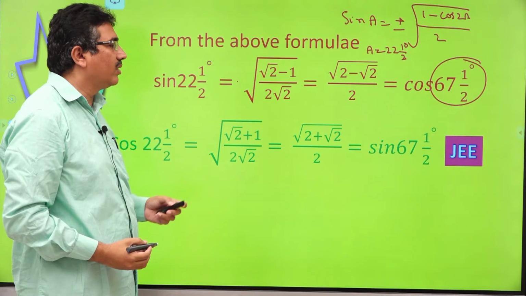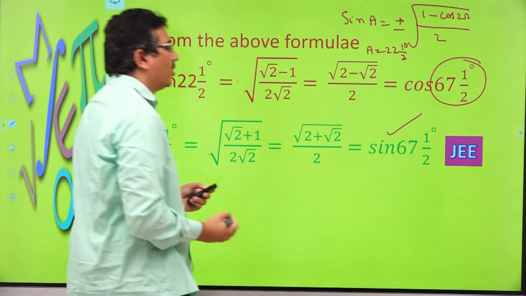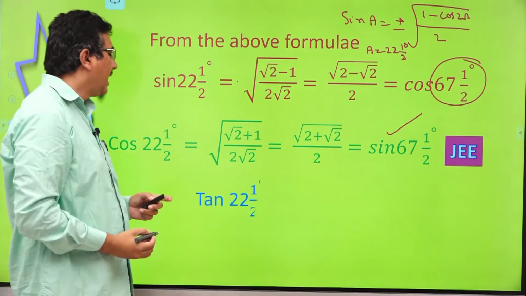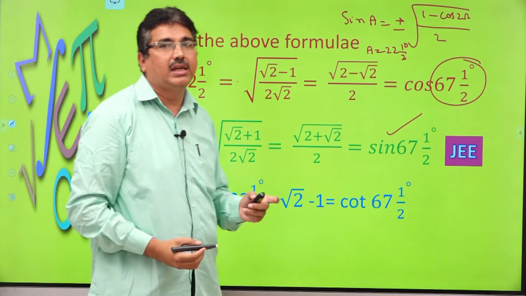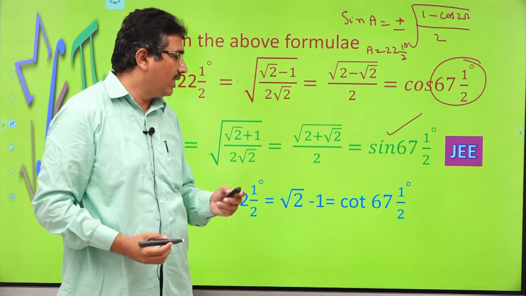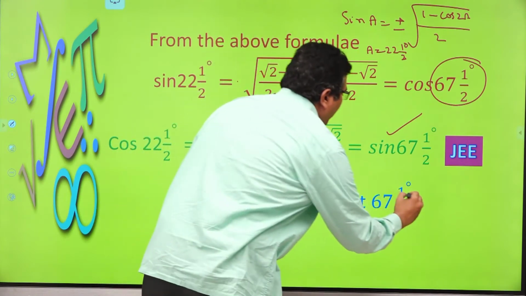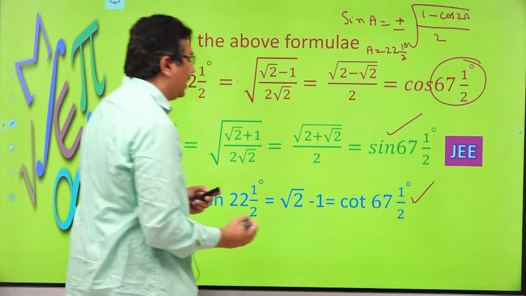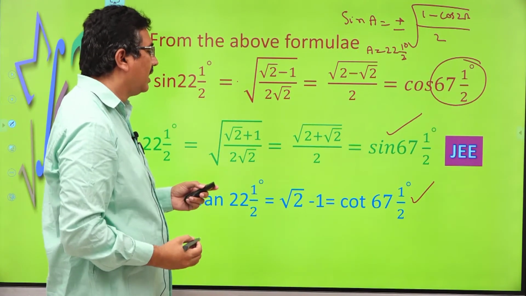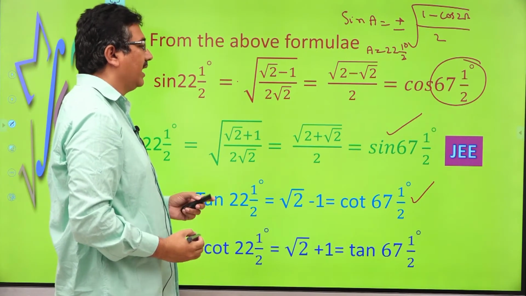That is equal to sin 67 and half degrees. Okay. Tan 22 and half degrees is equal to root 2 minus 1. That is equal to cot 67 and half degrees. Cot 22 and half is equal to root 2 plus 1. That is equal to tan 67 and half degrees.